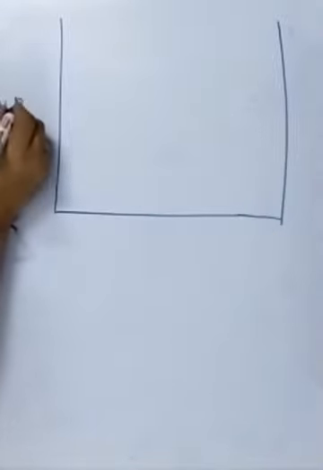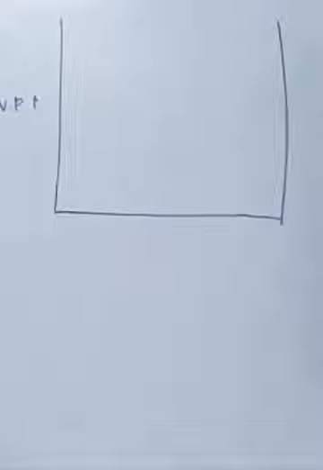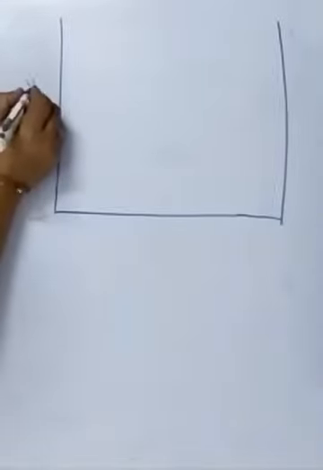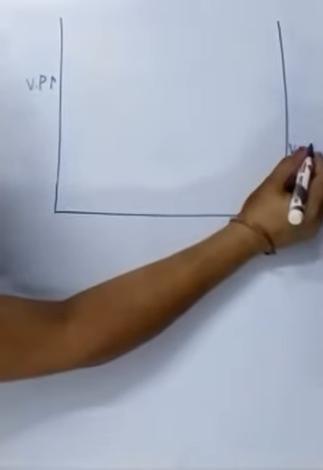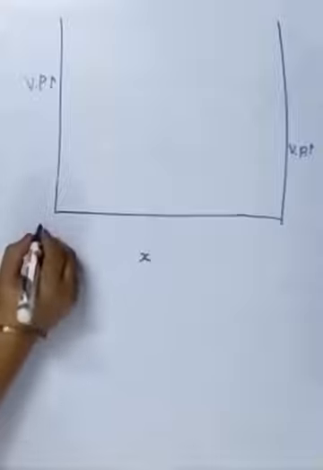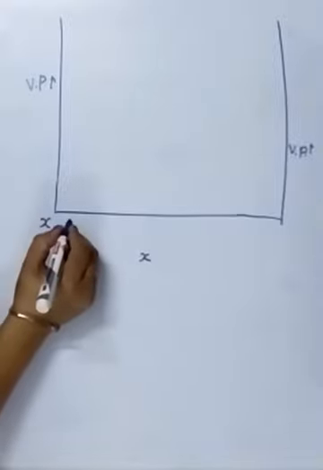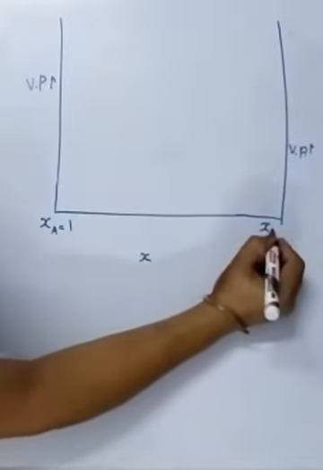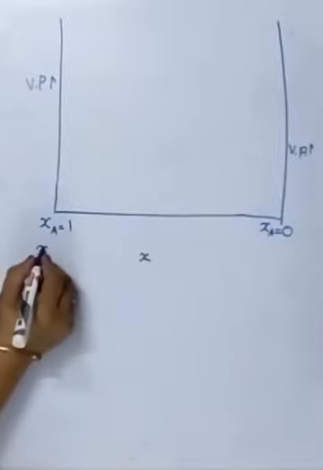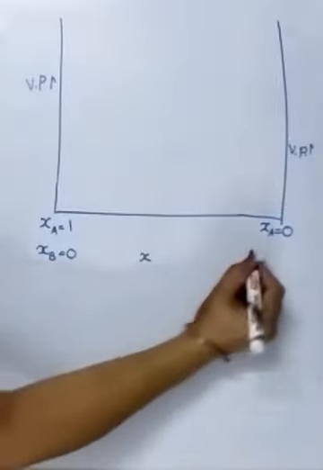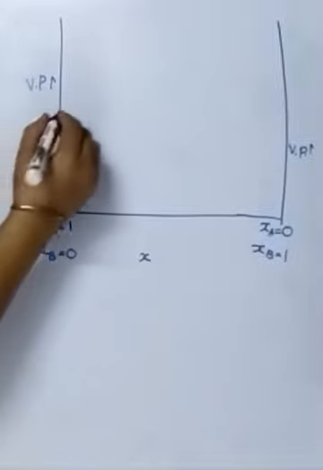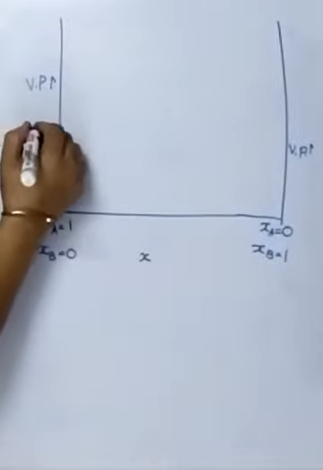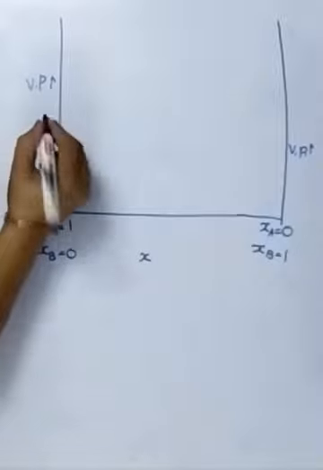Here vapor pressure, here also vapor pressure, X. Here XA equals 1, XA equals 0, XB equals 0, XB equals 1. When XA is 0, whatever vapor pressure is, that is for pure component, that is PA naught.